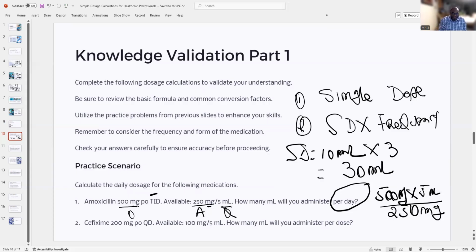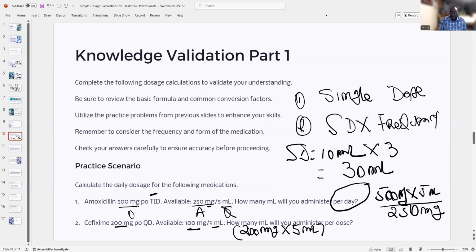Number 2, 200 milligram. That is your order. That is your available. That is your quantity. Well, you're going to have your order, which is 200 milligram. You make sure they are within the same unit. Multiply that by 5 milliliter.